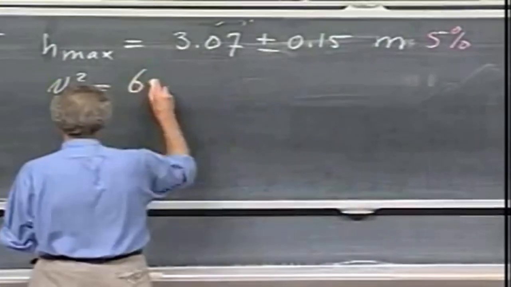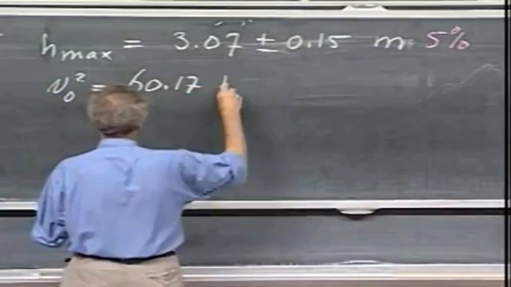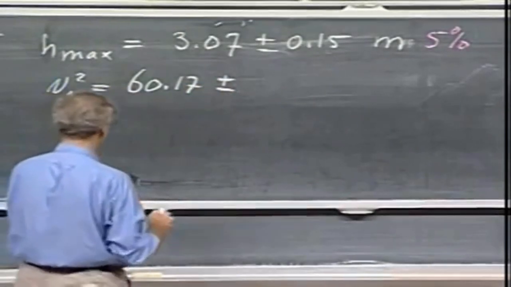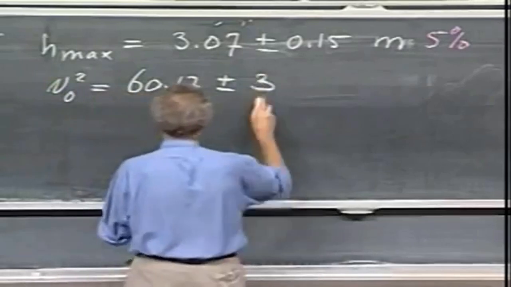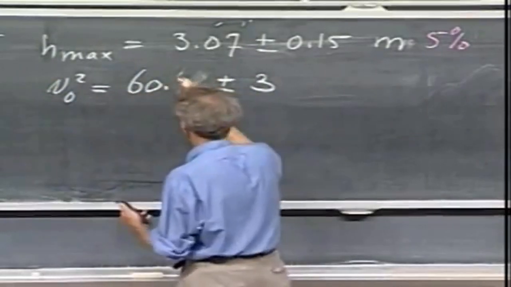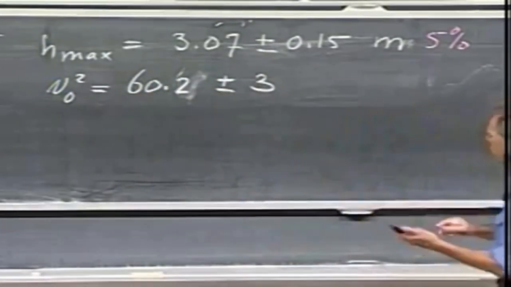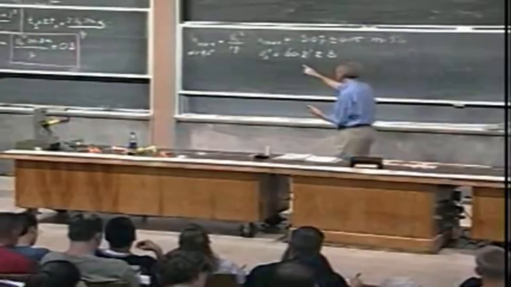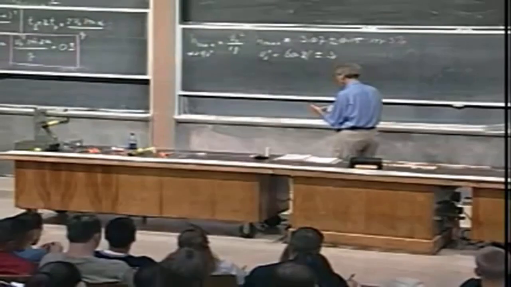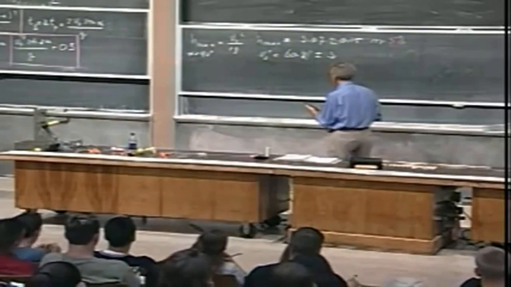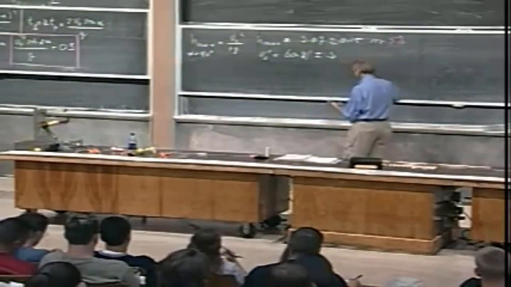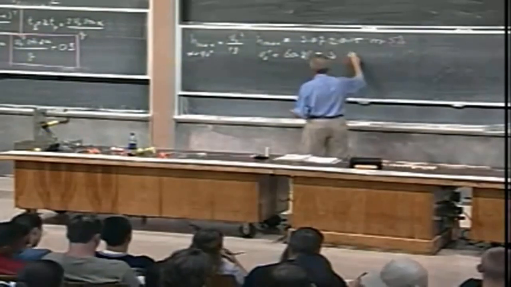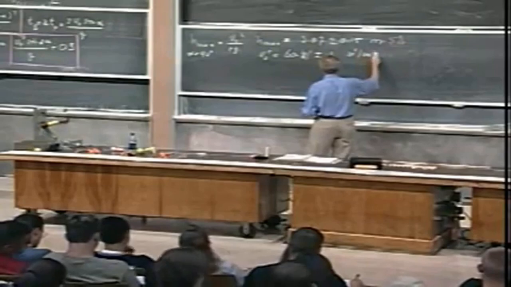I'd like you to check that. 60.17 plus an error of 5%. That is an error of 3. So you might as well make this 60.2. Would you please confirm that I didn't make a mistake? 3.07 is H max. I multiplied by 2 by 9.8. The 60.2 is a 5% error, and a 5% error is indeed 3. This is meters squared per second squared.